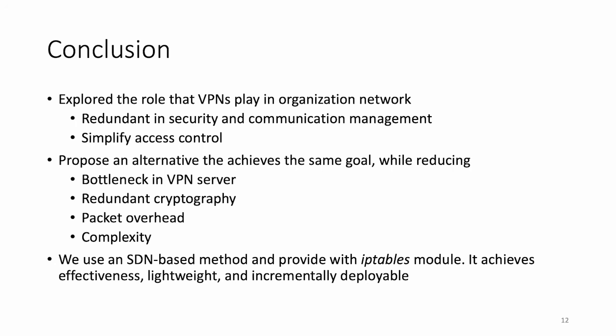We also implemented an open source IP tables module for reference, for organizations to easily deploy our system. For the evaluation, we found that our system can effectively relieve the bandwidth bottlenecks for enterprise networks, while introducing small network latency to network clients.